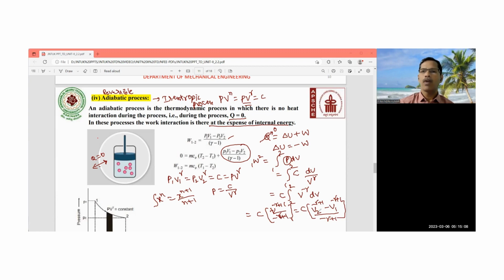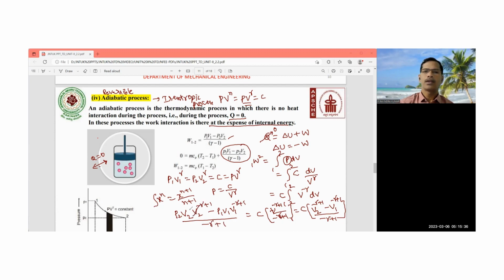Here there is a volume V2. So I will write it this way: P2 V2 and V2 to the power of minus gamma plus 1, minus, again here, P1 V1 and V1 to the power of minus gamma plus 1, divided by minus gamma plus 1.